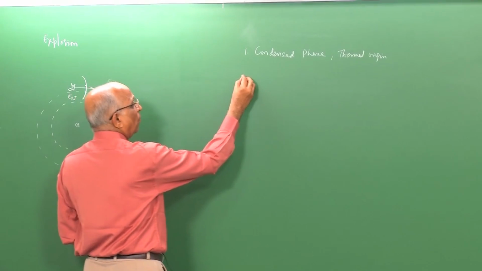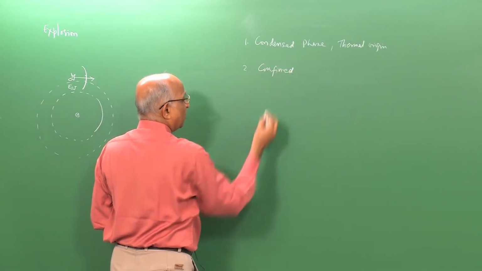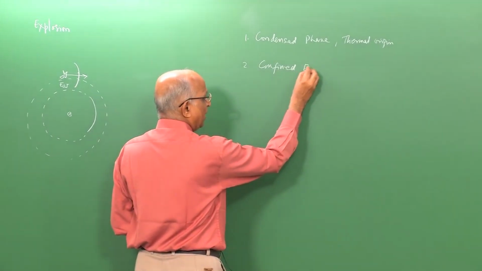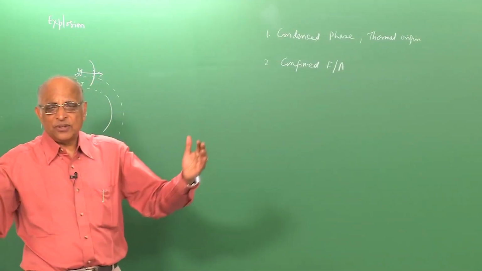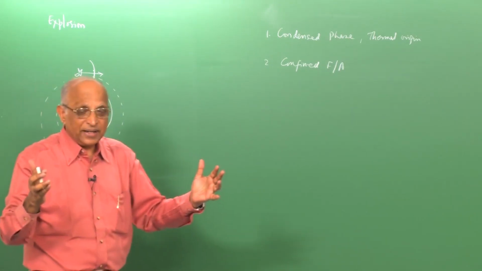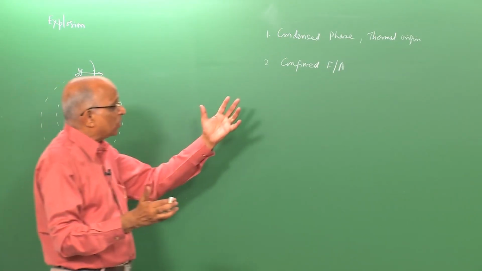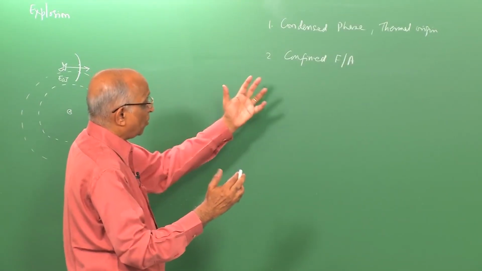The second one, what we said was confined fuel air explosions or confined gaseous explosions, let me say fuel air explosions. And what happened in the confined fuel? We had some room such as a kitchen, or we had an aircraft tank in which we got a combustible mixture, it ignited and just went as a bang and destroyed the place.